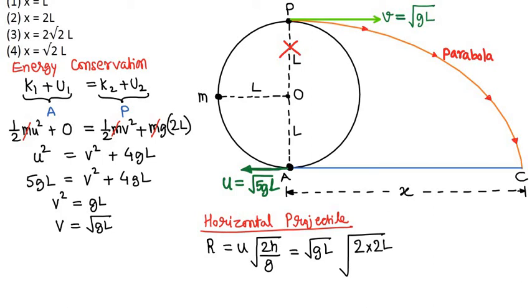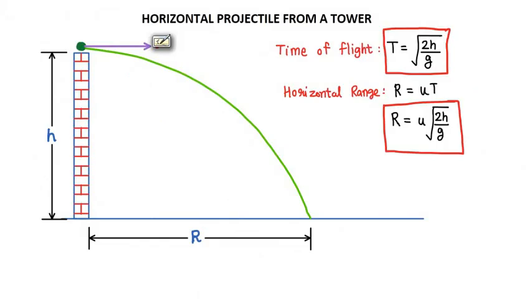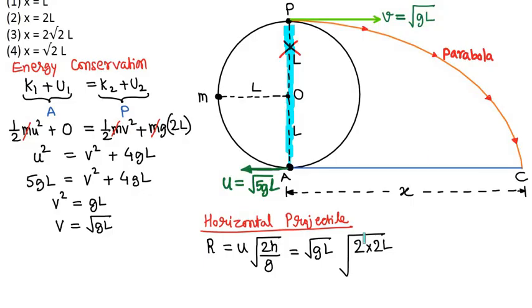Observe this vertical height, this is equivalent to the height of the tower. Compare with these two diagrams. And divide by g. Then g cancels with g, and the answer will be equal to 2 times L. So the horizontal range in this question is 2 times L.